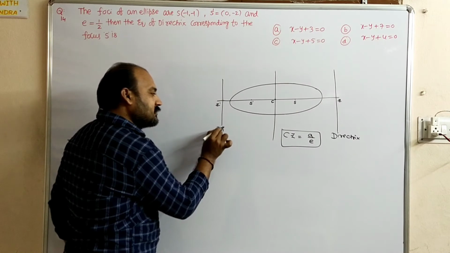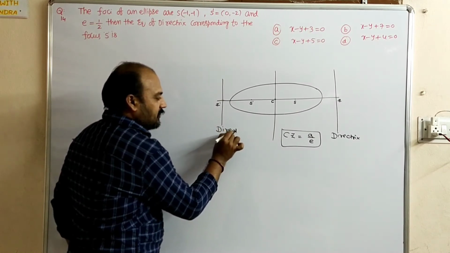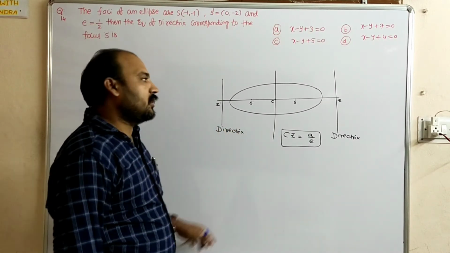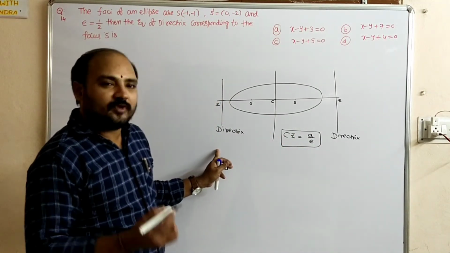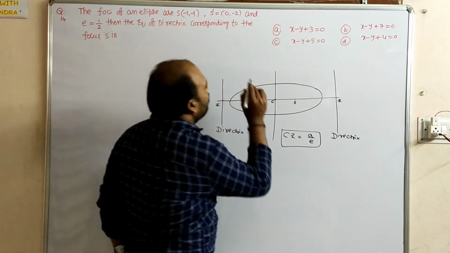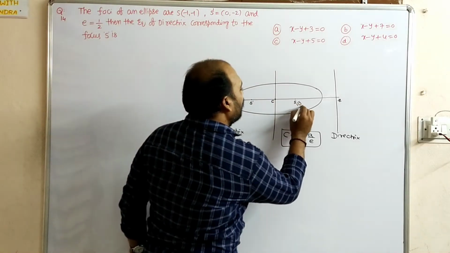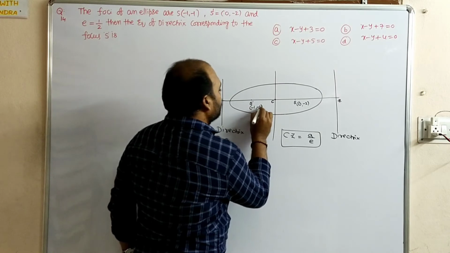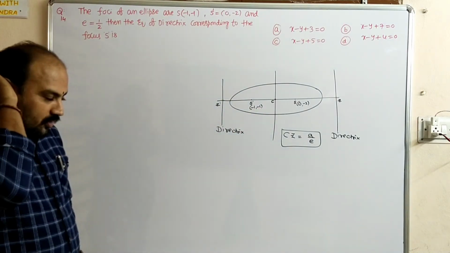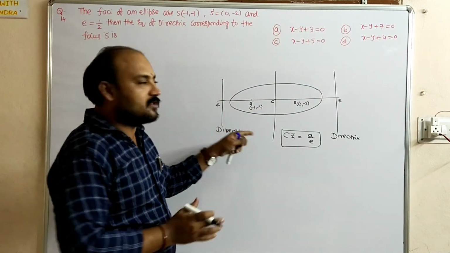Both are directrices. So first, S values are given. One is (0, minus 2), another one is (minus 1, minus 1). Don't think that it is the exact figure, just a rough diagram.